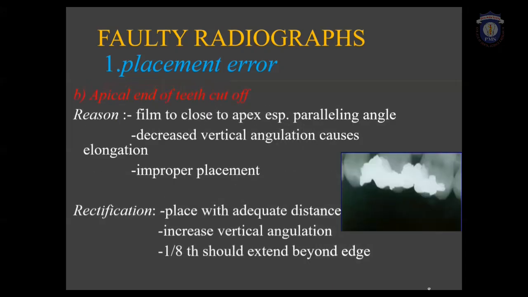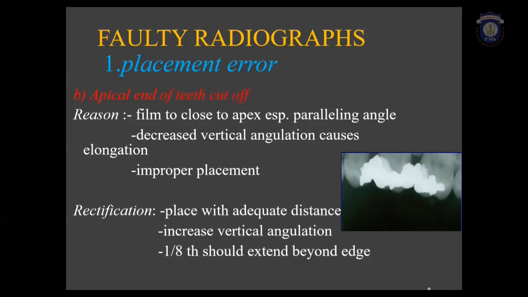The next placement error is when the apical end of the teeth is cut off. This occurs when the film is placed very close to the apex, especially in the paralleling angle technique. In the bisecting angle technique, if there is decreased vertical angulation, apices of the teeth are not seen, or it is due to improper placement of the film.